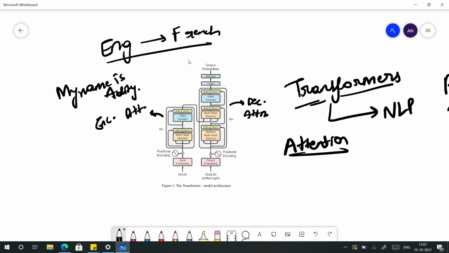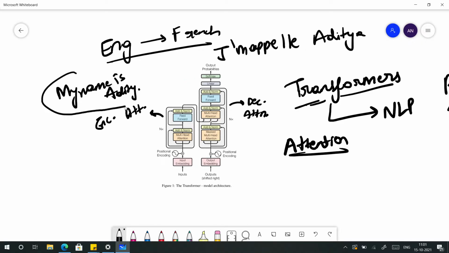In French it is je m'appelle. I'm not a French student, but this is what I remember. Je m'appelle Aditya in French. So this is our input and this is our output.